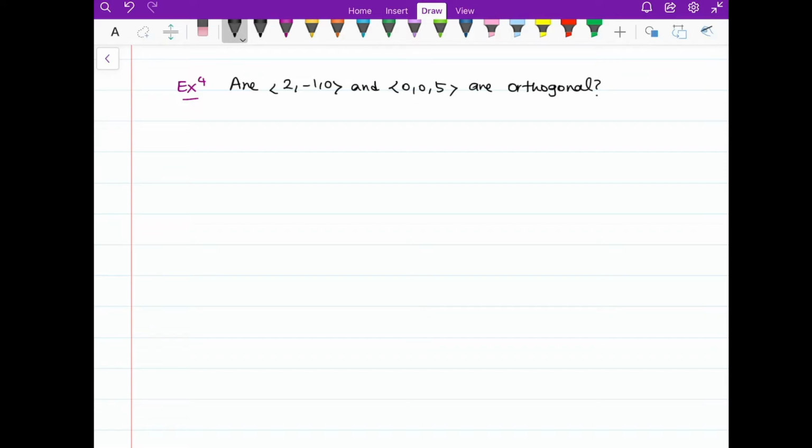As we said previously, to detect orthogonality, we can use the dot product. If I find the dot product between these two vectors, and if it is 0, it means that the cosine of the angle between these two is 0, meaning that the angle is pi over 2. So I get 2 times 0 plus negative 1 times 0 plus 0 times 5. So I get 0, and the answer is yes, they are orthogonal to each other.